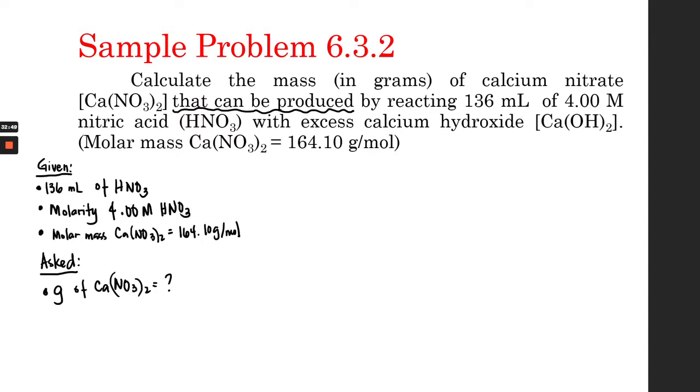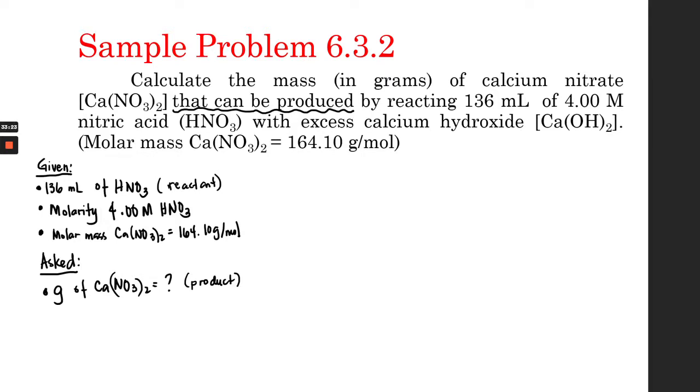From this wording itself, this is actually your product, and HNO3 is one of your reactants, or your ingredients. So we are looking for how many grams of calcium nitrate can be produced by reacting HNO3 with calcium hydroxide, which is Ca(OH)2.